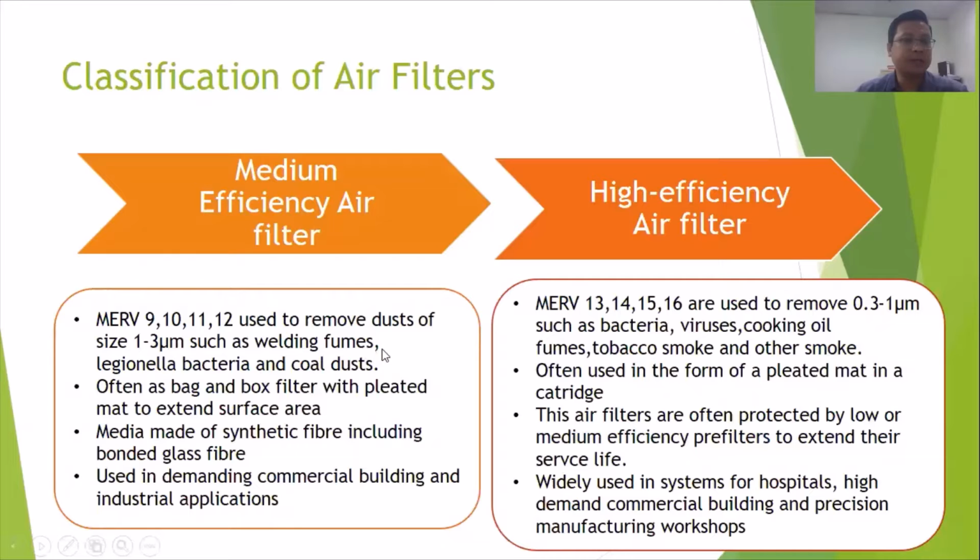Then we can filter Legionella bacteria and coal dust. Coal dust is very small, almost nano size. It offers a bag and box filter with pleated media to extend surface area.